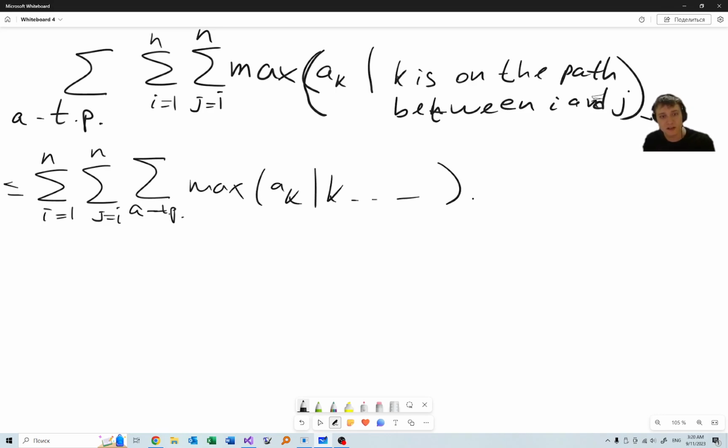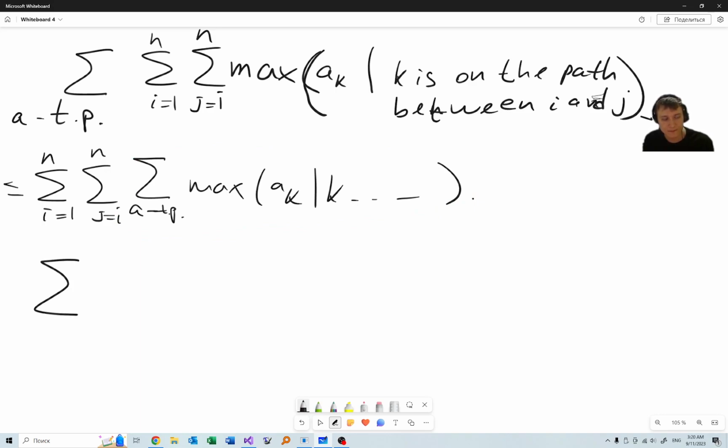The interesting part is that this only depends on the length of the path. So let's rewrite it as follows.